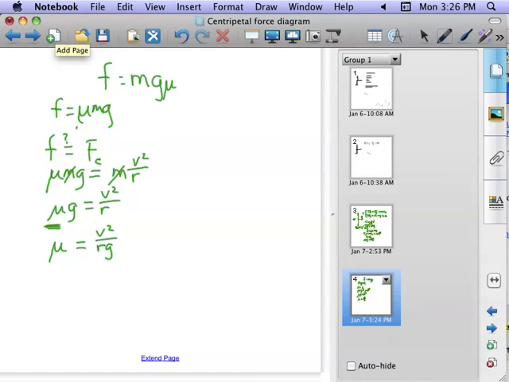So if this number right here is big enough, then the car will stay on the road. Okay, and that pretty much wraps this one up.